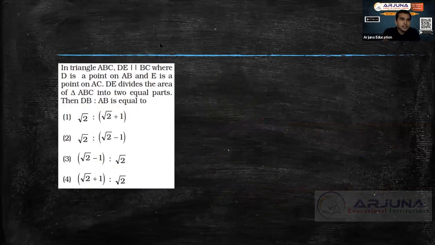Next question is, yeah, this is again a good question. In a triangle ABC, again you have to apply the BPT theorem. DE is parallel to BC, where D is a point on AB and E is a point on AC. DE divides the area into two equal parts.